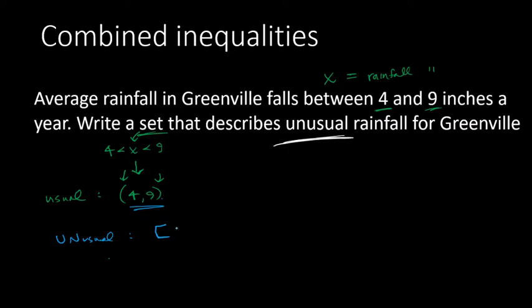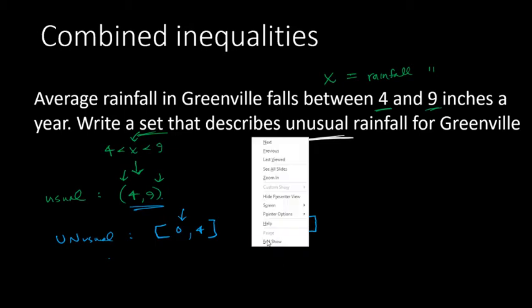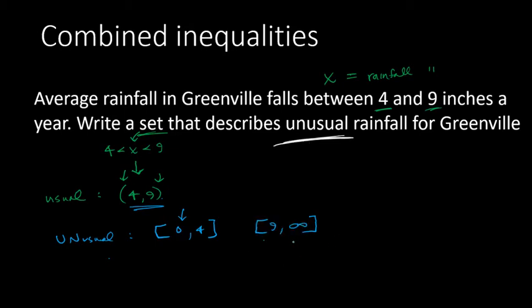So I'm going to say unusual rainfall would be anything that falls between 0 and 4, and includes 0 and 4. Or it could be our set of anything greater than 9, and I will use the infinity symbol just because it's hard to put a cap on how much rainfall there might be. I don't expect there to be infinity inches, but we'll leave it alone.